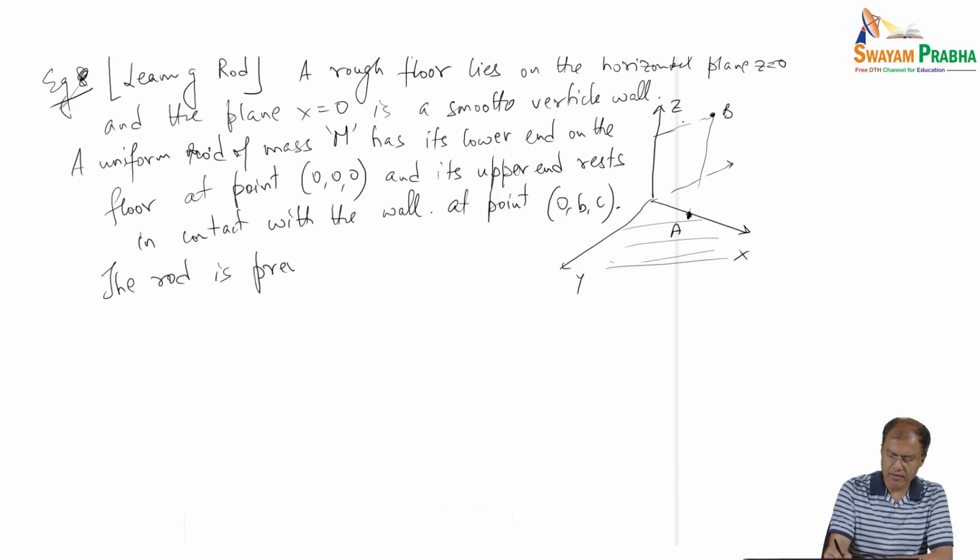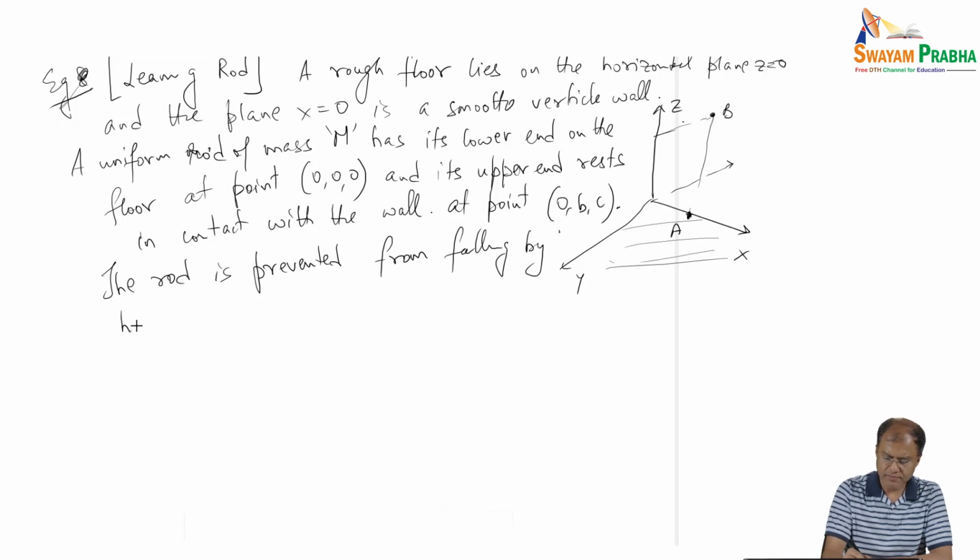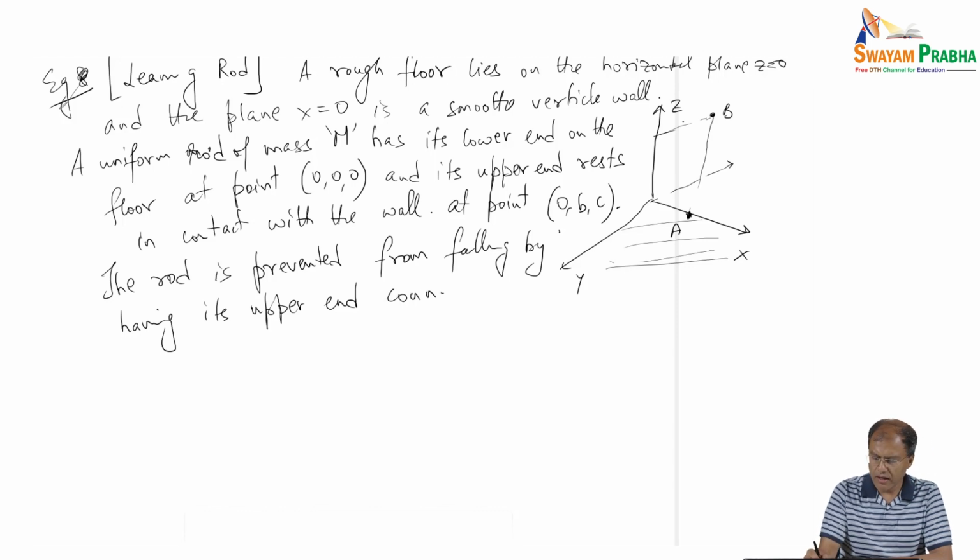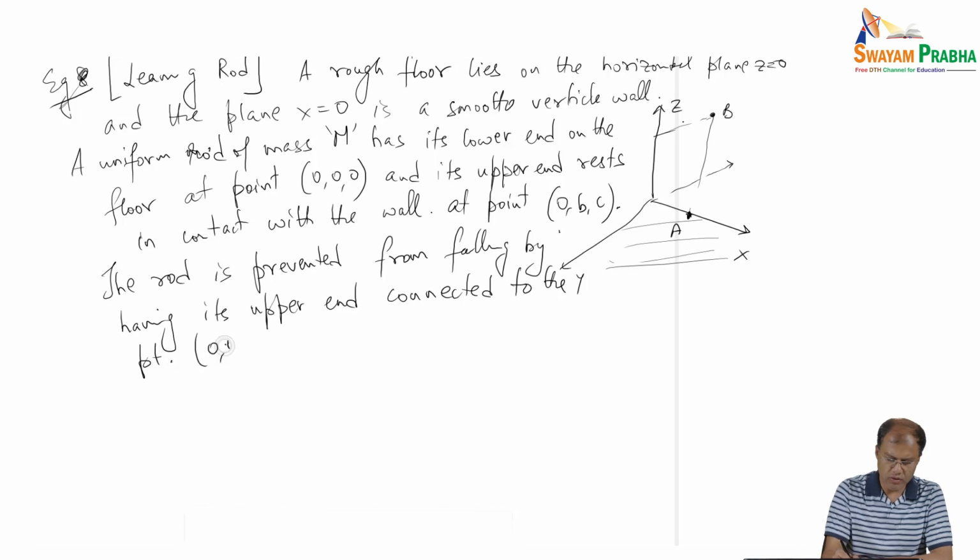And then the rod is prevented from falling by having its upper end connected to the point 0, C by a light inextensible string.